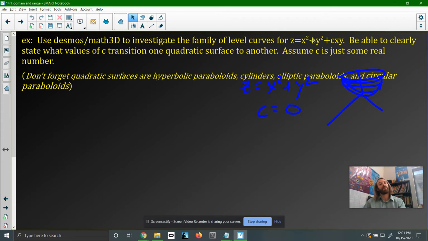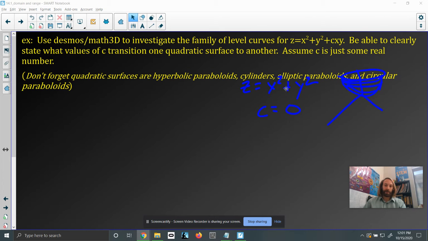If you use Math3D for something that's 3D, we're going to be able to actually see it well, but you could also use Math3D in the way I'm about to, to get an idea of what a four-dimensional thing might look like. In that case it would be surfaces, but you can also do level curves in 2D to get an idea of what something looks like in 3D.